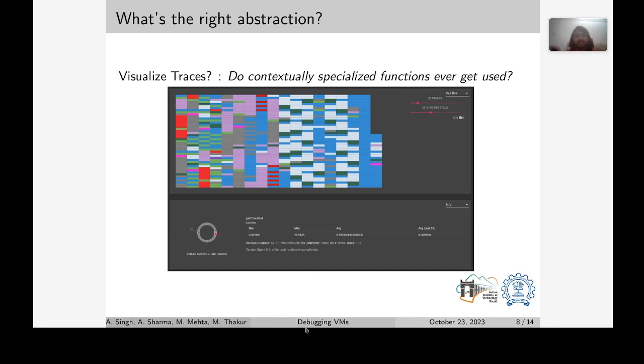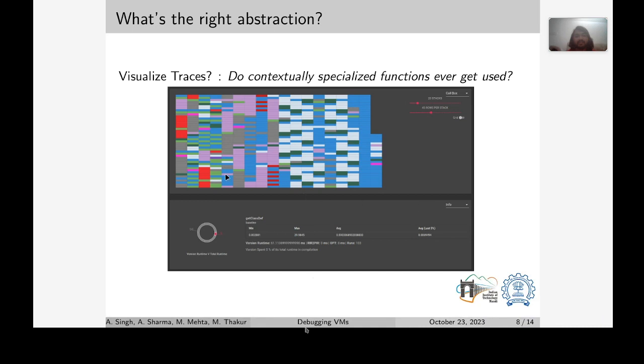And in order to study these, there are different tools that we developed over time. And one of the first ideas that we had was to just visualize traces. So the question was, do contextually specialized functions even ever get used, or is it the case that over time only general functions remain and the specialized versions get discarded?